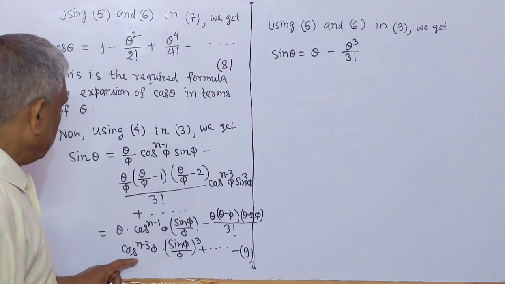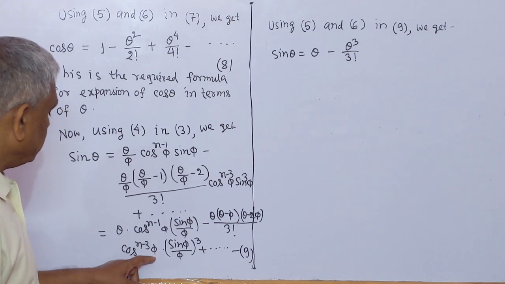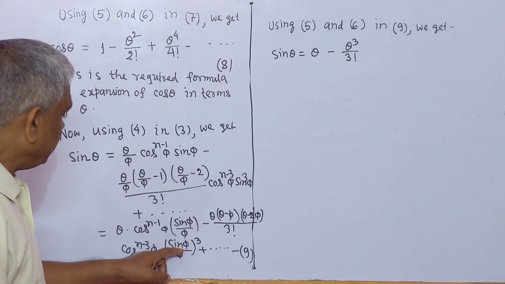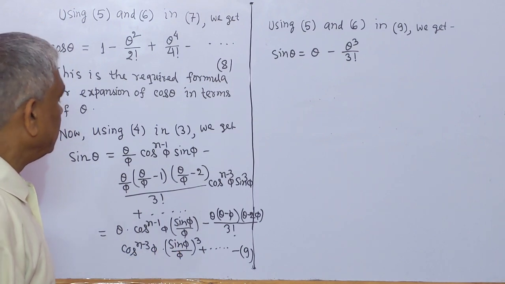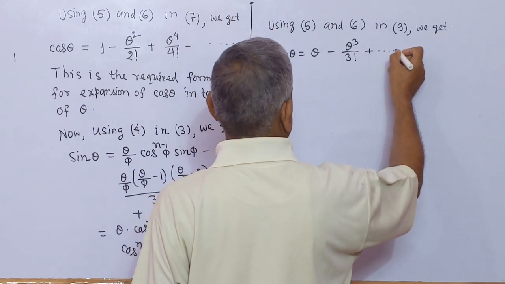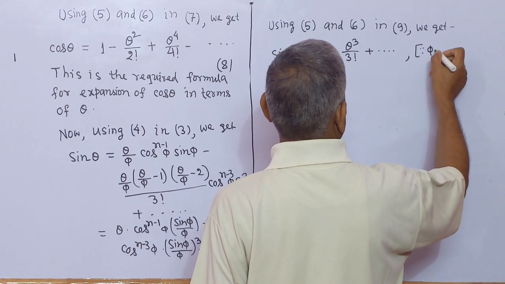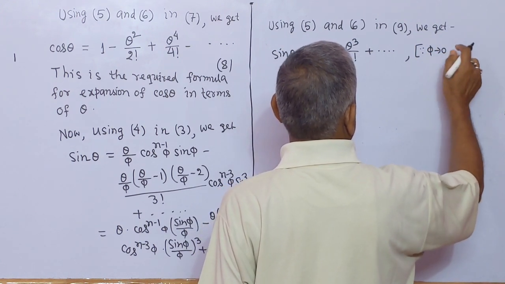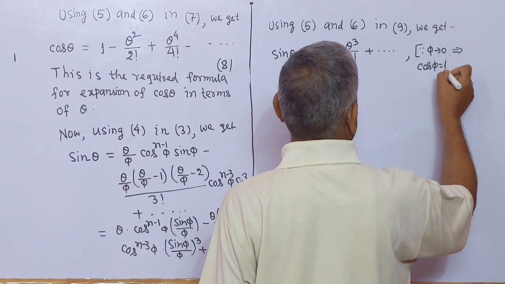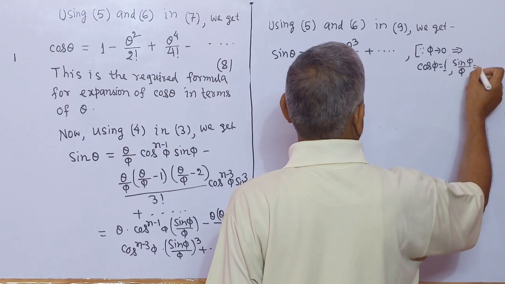Here cos to the power n minus 3 phi, when phi tends to 0, cos phi equals 1, so this will be 1 and sin phi by phi is also 1, so these are 1, plus dot dot dot, since phi tends to 0 implies that cos phi equals 1 and sin phi by phi equals 1.